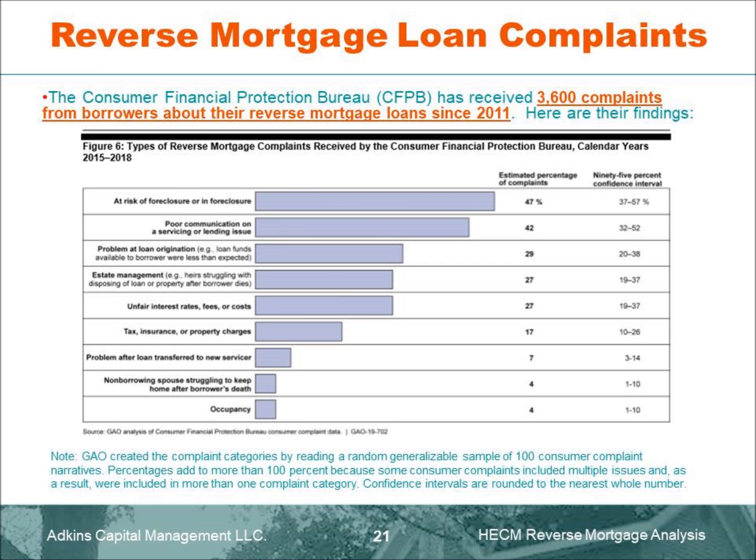Issues surrounding foreclosure, communication, loan origination, estate management, and fees and expenses were the primary complaints raised by borrowers. The following table outlines the types of complaints received by the CFPB.